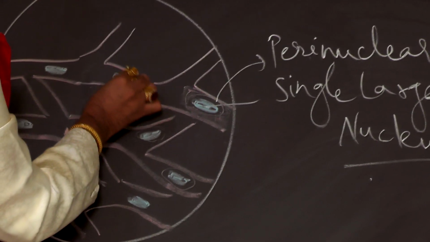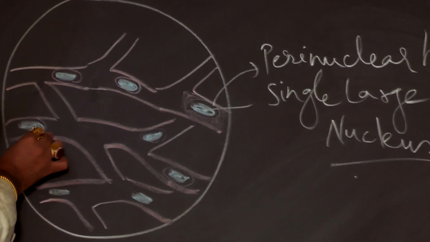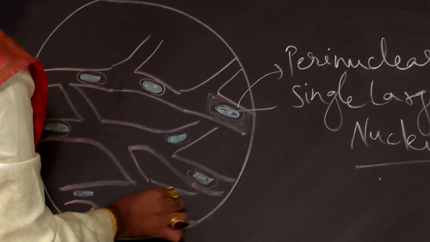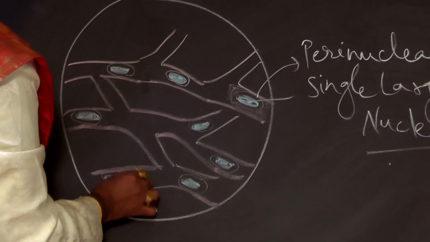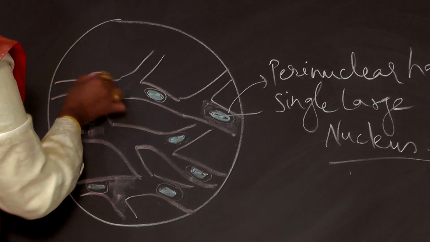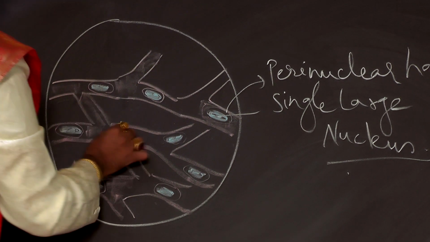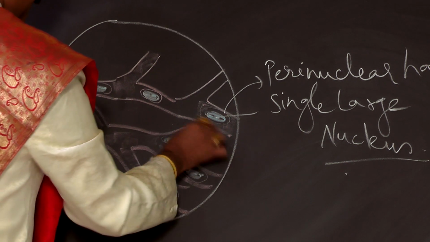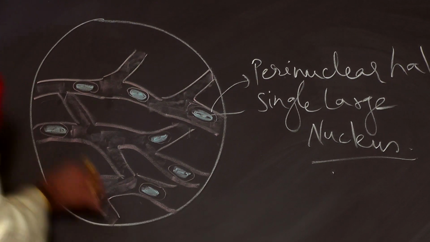In the same way, every single nucleus shows the perinuclear halo. Around the nucleus there is a space, which you call the perinuclear halo, and here you have the cytoplasm, which is rich in mitochondria.